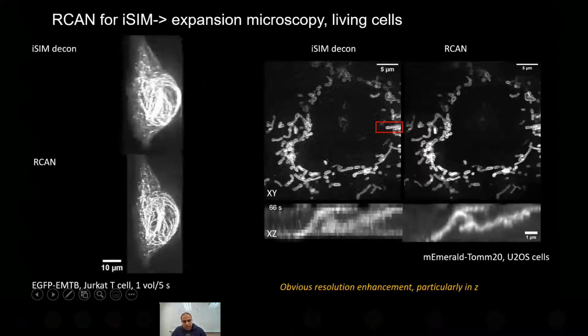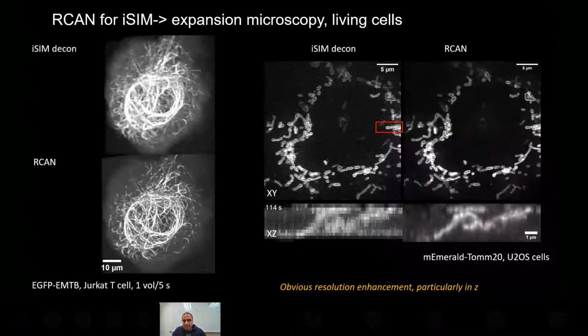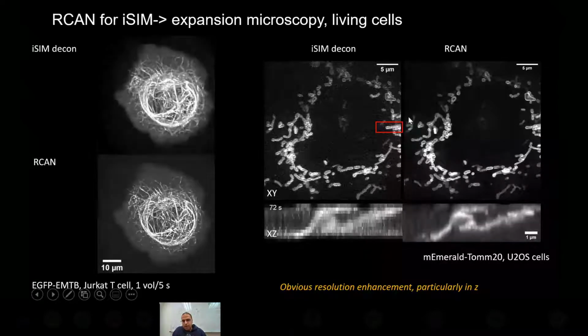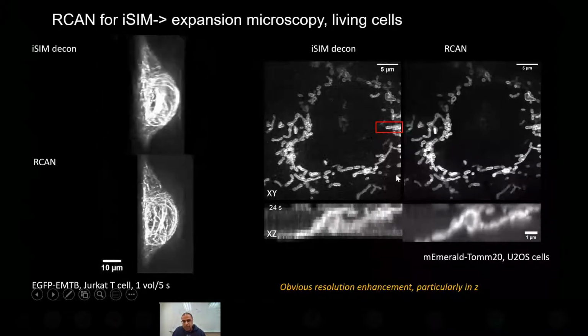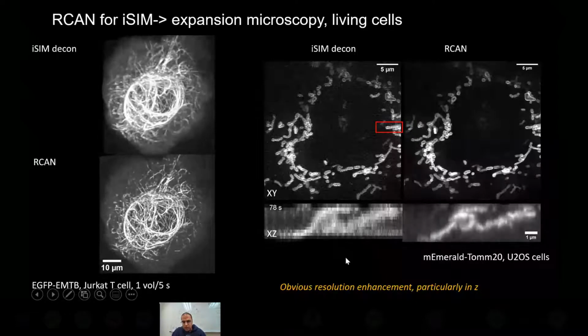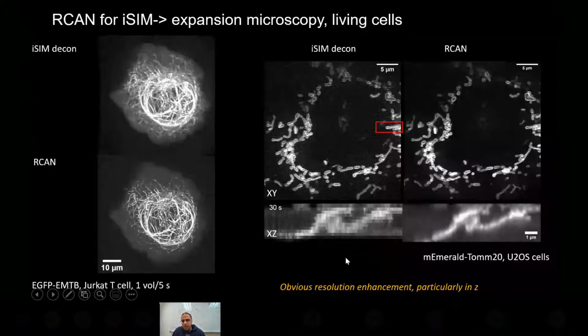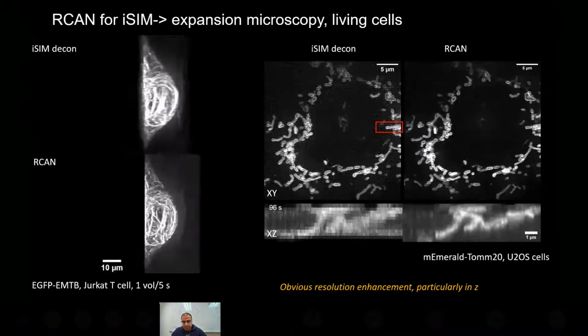The Arcad prediction cleans up and deblurs the overall structure, particularly in Z. And again, if you look at this TOM20 mitochondrial label, if you zoom in on these mitochondria and look at the axial cross-section, in the raw data, it's hard to discern mitochondria, but in the Arcad prediction, it's much easier to do so. So there is this bona fide resolution improvement.